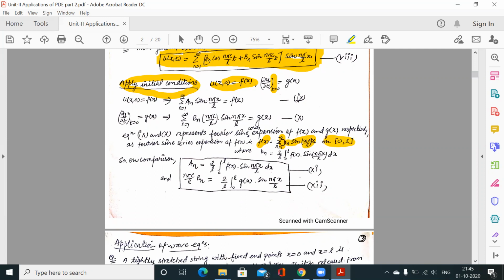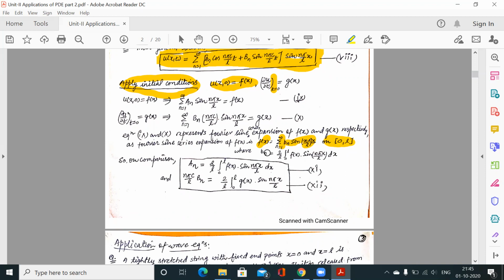This is the half range sine series in the interval 0 to l.